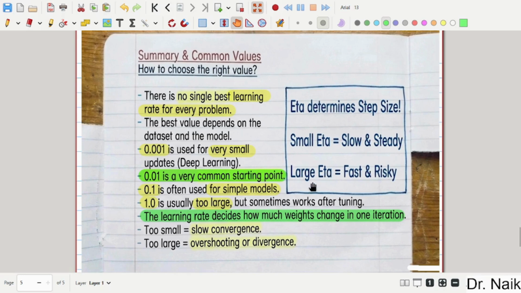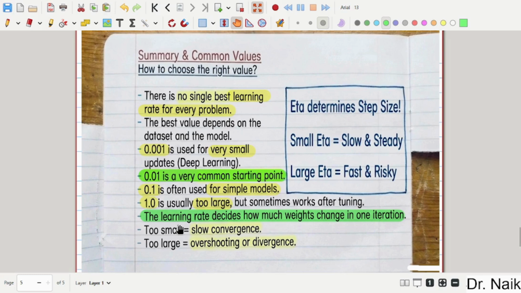If the learning rate is very large, it is very fast and risky. 0.001 is a very small learning rate and is used in deep learning. 0.01 is a very common starting point. 0.1 is often used for simple models. 1.0 is too large but sometimes works after tuning.